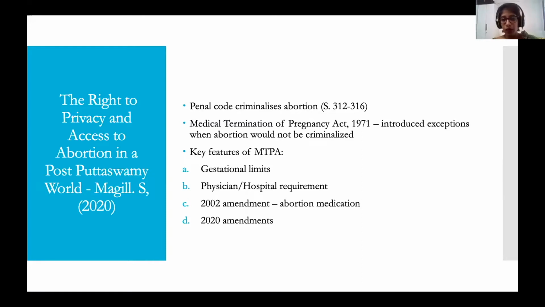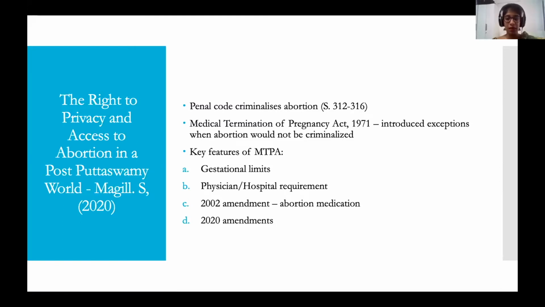And just before I move to the 2020 amendment, an important point: the injury to mental health that I mentioned, which includes failure of contraception, was only permitted as a ground for abortion for married couples and not unmarried couples. The 2002 amendment did nothing to change that. It was finally, after a lot of public mobilization, that the 2020 amendment addressed that issue.